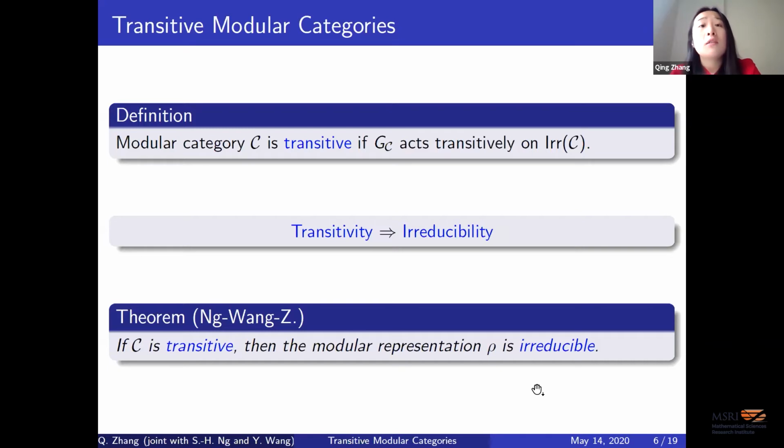And the irreducible representations of SL2Z mod prime power are classified in the literature. So by showing that the representation is irreducible, we reduce this question to known results. That's why we think this is the first remarkable consequence of being transitive.